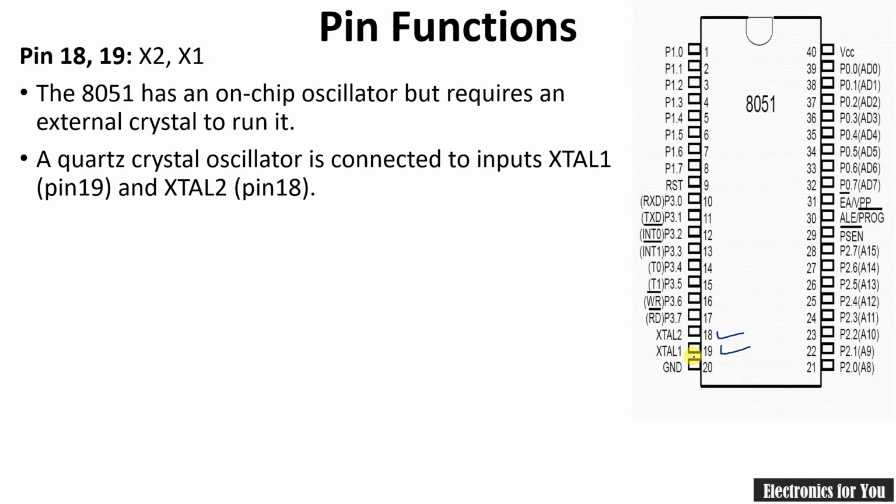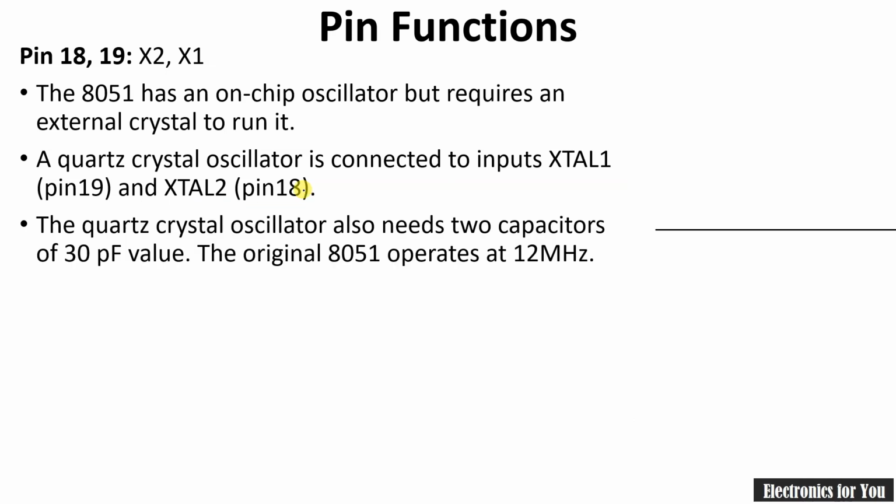On these two pins a crystal oscillator is generally connected. Oscillator circuitry is there inside the 8051 microcontroller, but we need an external crystal for its operation, and therefore a quartz crystal is connected to the inputs XTAL1 and XTAL2, that is pin number 19 and pin number 18. A crystal oscillator also needs two capacitors.